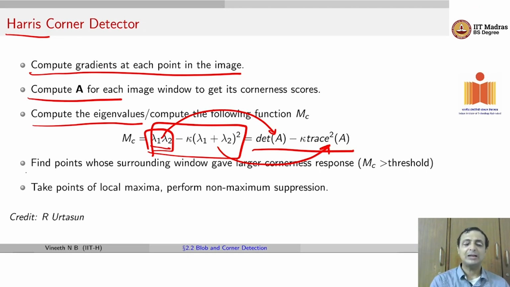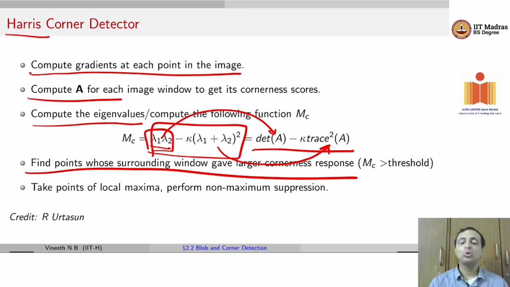Finally, you then take all points in the image whose cornerness measure is greater than the threshold. So you can take lots of different points, probably all points, compute their cornerness using autocorrelation, and then whichever is greater than a particular threshold, you call them corners.